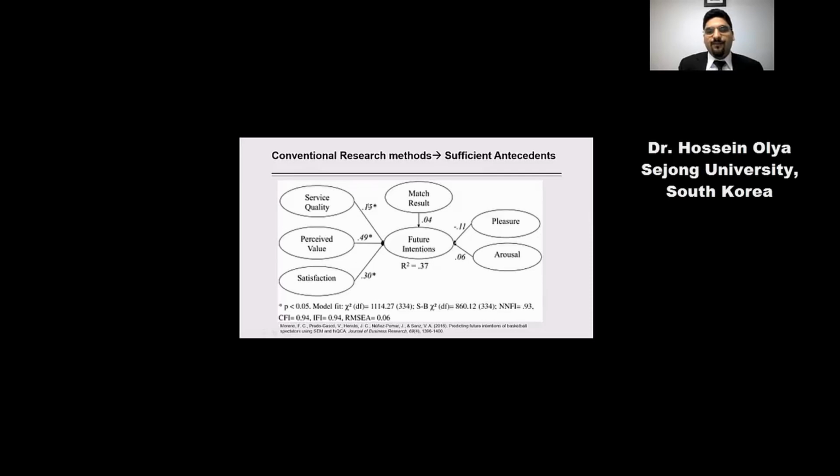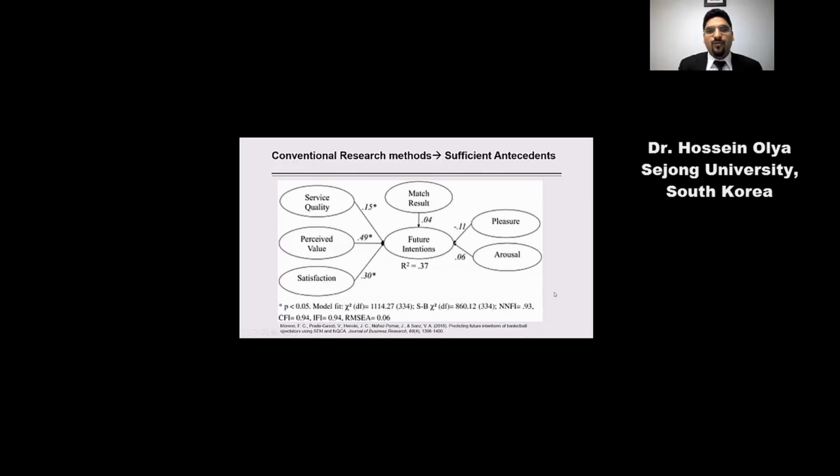They came up with these structural models. They consider service quality, perceived value, satisfaction, match result, pleasure, and arousal as indicators of the future intention. As you can see, based on the results, service quality, perceived value, and satisfaction are sufficient antecedents of the future intentions. So this model told us what factors are sufficient to have future intentions among basketball spectators.